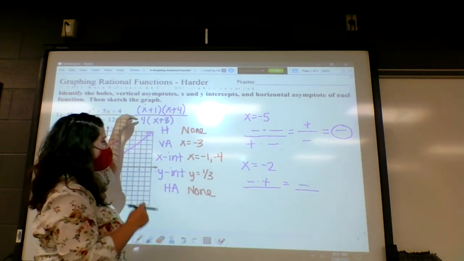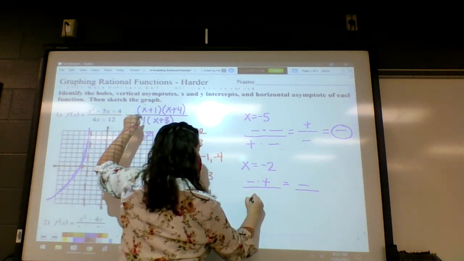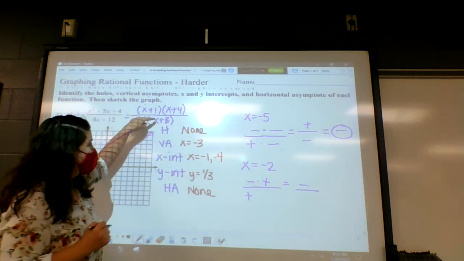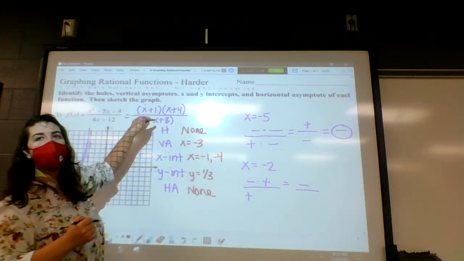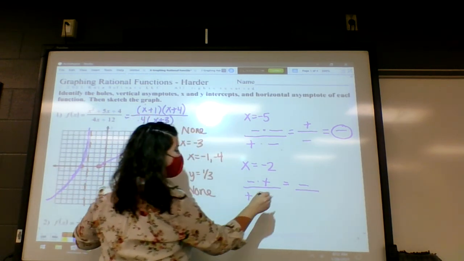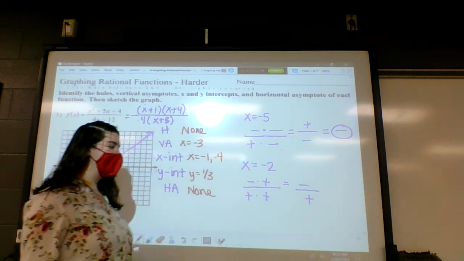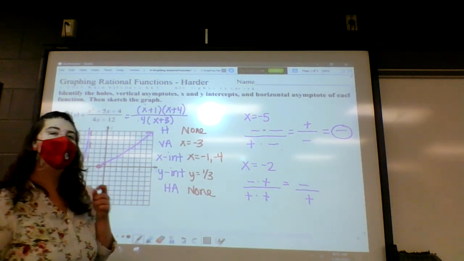On the bottom, you still have the 4, and the 4 is going to stay positive the whole time. And then negative 2 plus 3 is 1, so positive times positive is positive on the bottom, and a negative divided by a positive number will be negative.